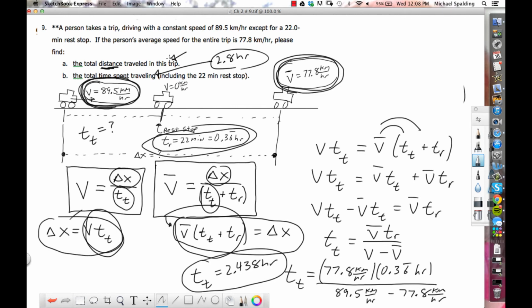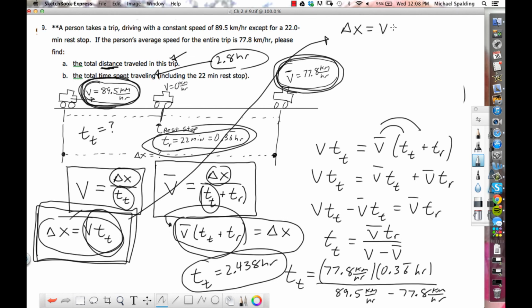All right, so how do we find the total distance? Take this equation right here, the delta x, and bring it up here. So we have delta x equals v times time of travel. And which v is that? The average or the instantaneous? The instantaneous. 89.5 kilometers per hour.